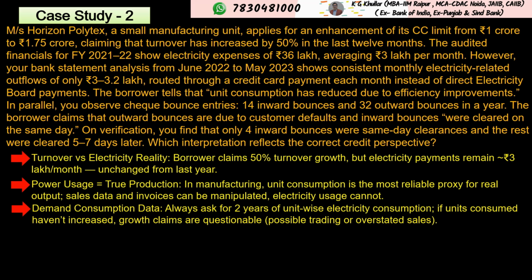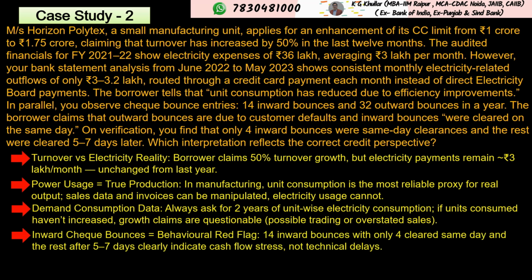Next, let's talk about the check bouncing behavior. Friends, inward check bounces are one of the strongest behavioral red flags in credit analysis. In our case, 14 inward bounces were seen and only 4 of them were cleared on the same day. The remaining were cleared after 5 to 7 days, which clearly shows cash flow stress, not just technical reasons.